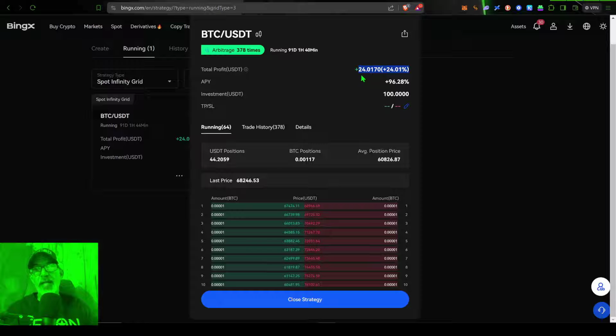However, if Bitcoin's price moves down below, I did the math, 63,000, at that point in time the grid bot would be winning the battle versus a buy and hold strategy.